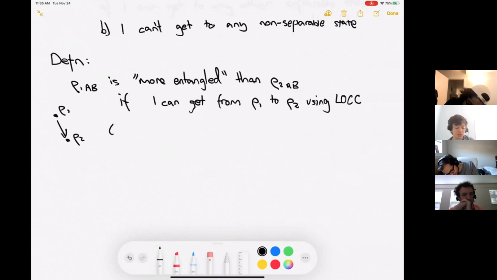Of course, there is also the possibility that I can get from rho 1 to rho 2 using local operations and classical communication, and also get back from rho 2 to rho 1 using the same set of operations, right? In that case, we'd say that they're equally entangled.